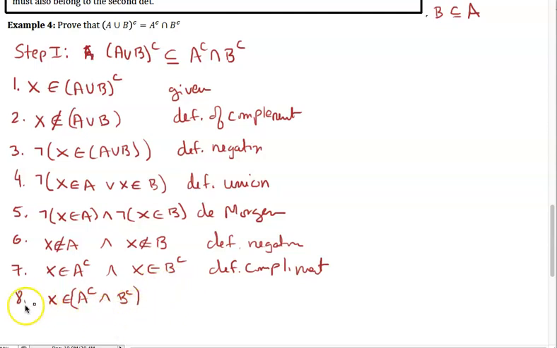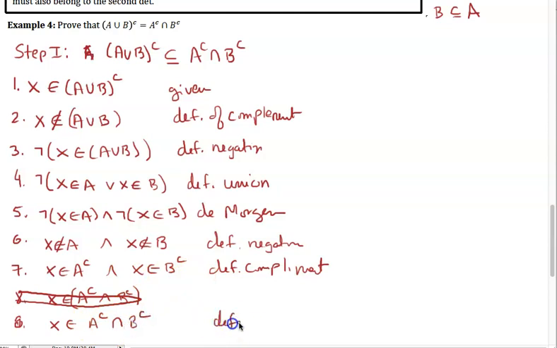Which basically means that X is in A complement. Actually, I could probably skip that, I don't think it's necessary. Because if you say X is in this set and X is in that set, you can say that X is in the intersection of those two sets.